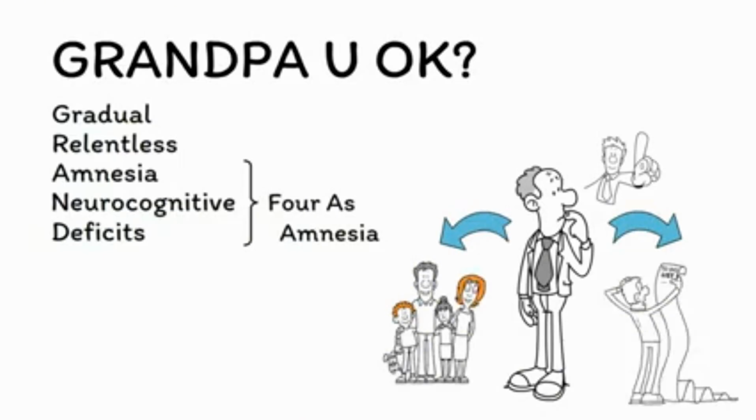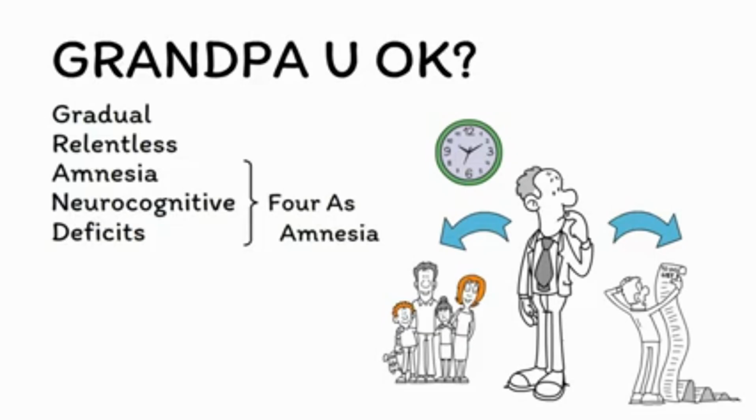In addition, short-term memory, involving things that happened within the past several hours or days, like what you ate for dinner last night, is affected earlier and more severely than long-term memory, such as where you grew up or went to school.